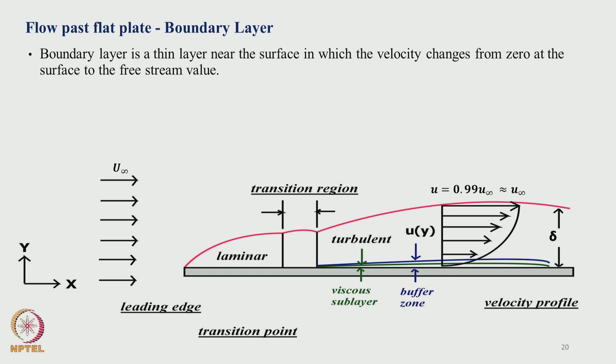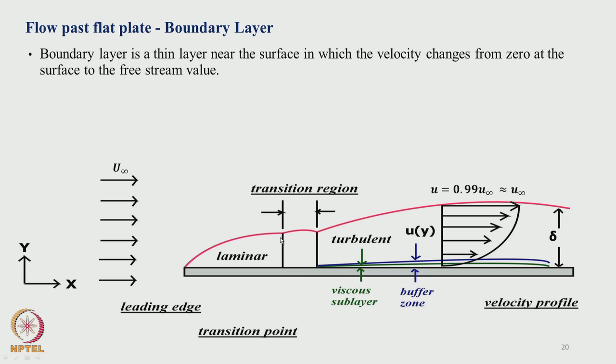Then the third problem is flow past a flat plate, and that forms a boundary layer. In the problem shown here, the incoming flow is a uniform velocity, and the plate represents a flat plate, so the flow starts from the leading edge.